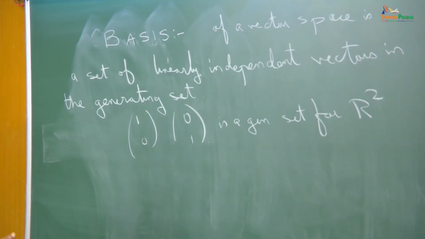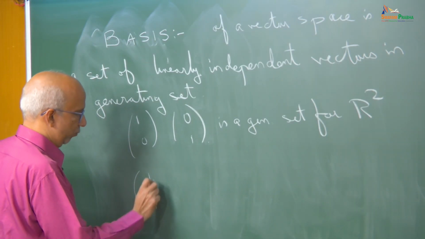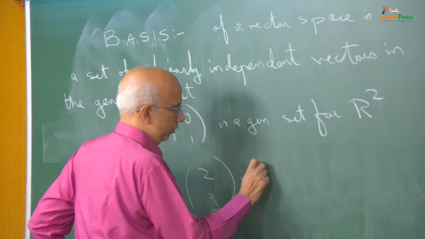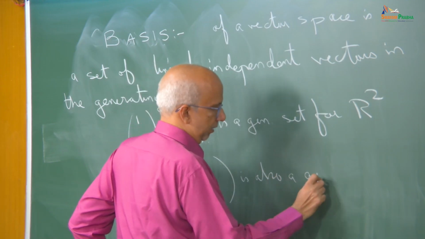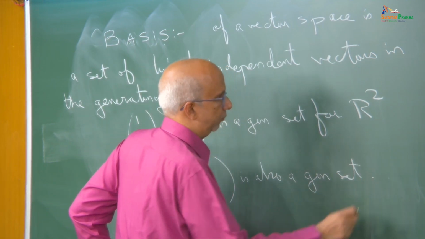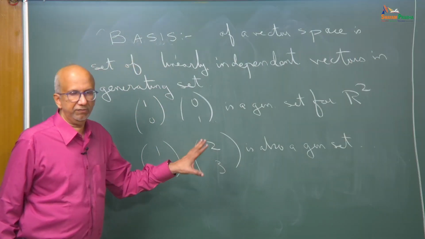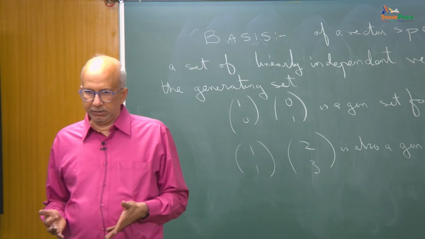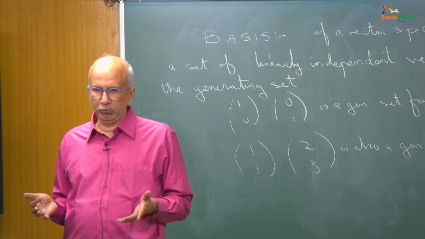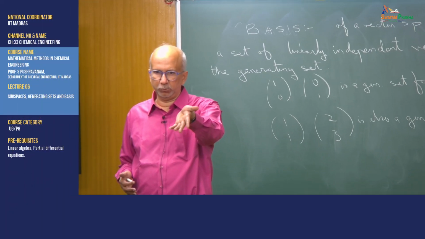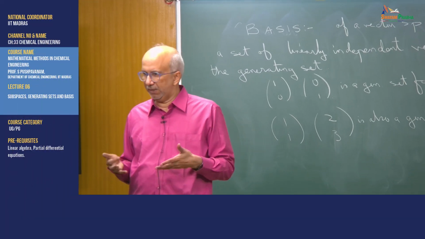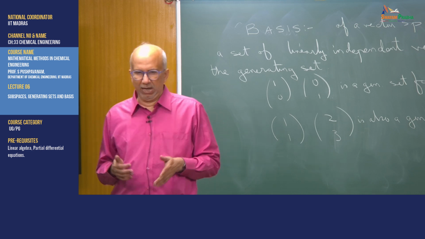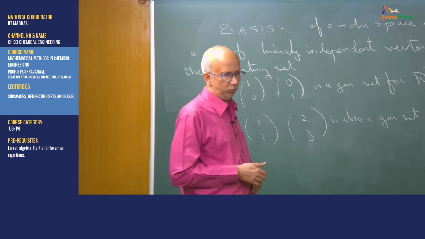And I had one more example, 1 1 2 3 I think, which is also a generating set of R2. Okay, both of these are generating sets. What is the meaning of generating set? This set of vectors generates all the vectors in R2. I can use these two to give me a vector in R2 with two coordinates. I will write it as a linear combination of these two. Okay. So, I am explaining with R2 because it is easy for you to understand.